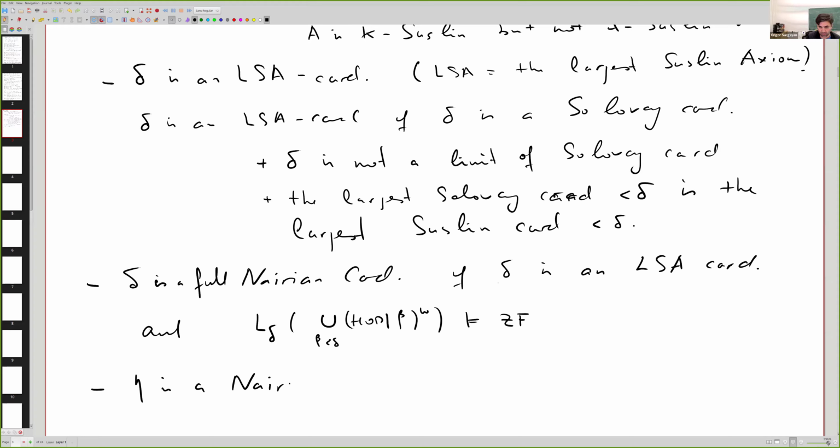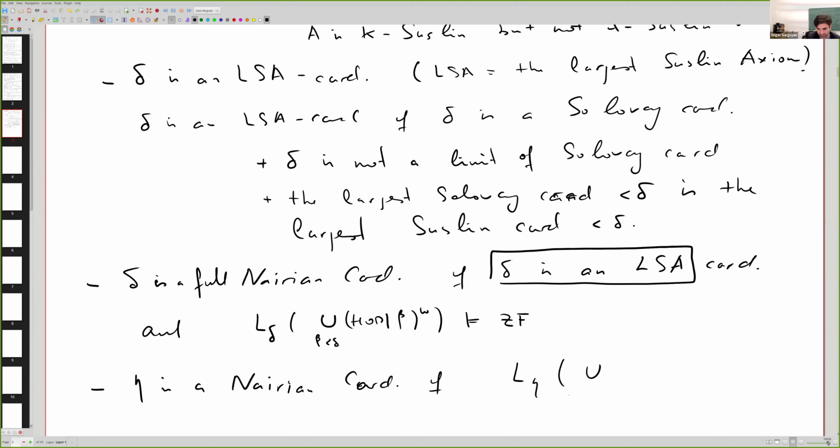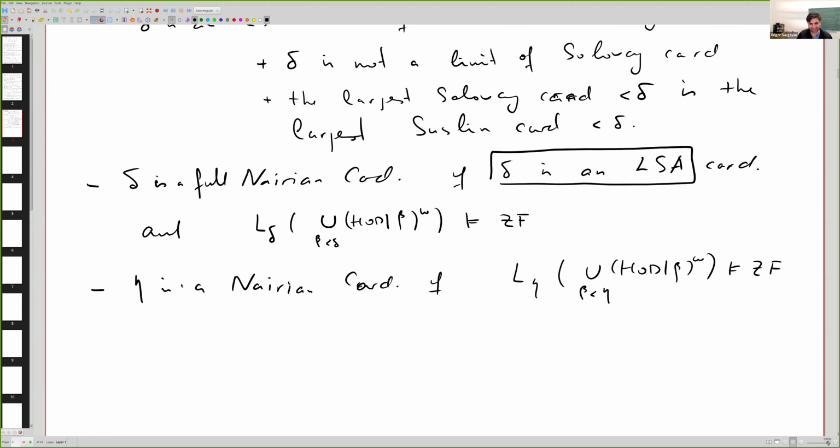Fullness is what makes it full. The Nairian cardinal, you just have only this portion. Okay, so the LSA cardinals were an anomaly. Full Nairian cardinals are even more confusing.